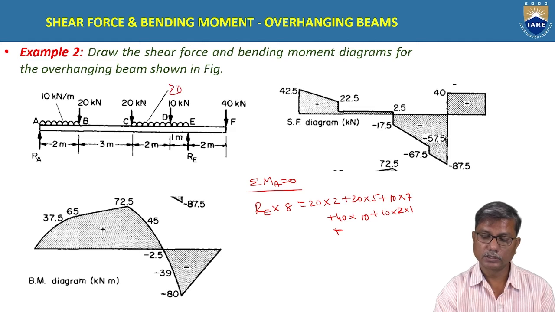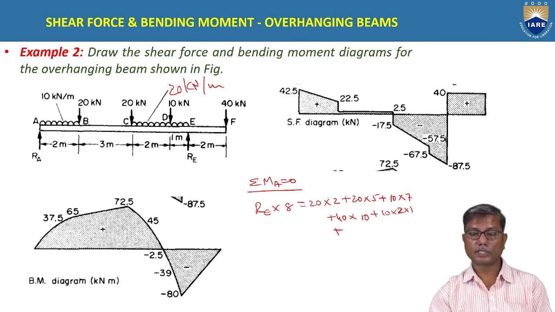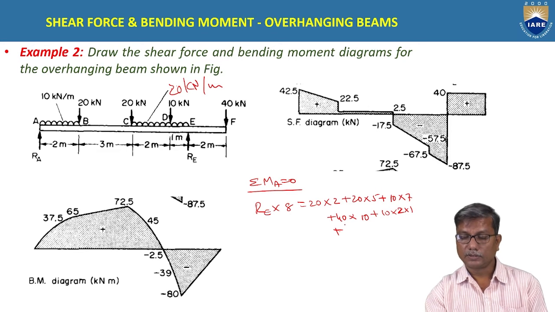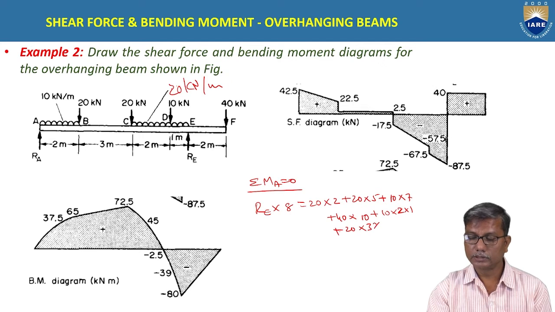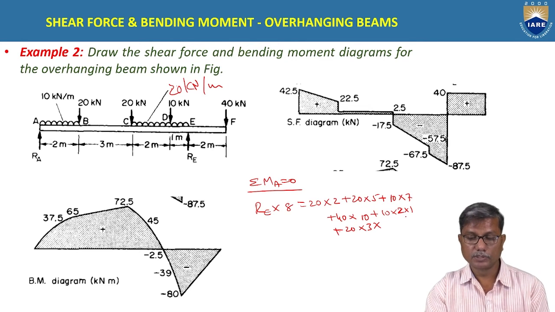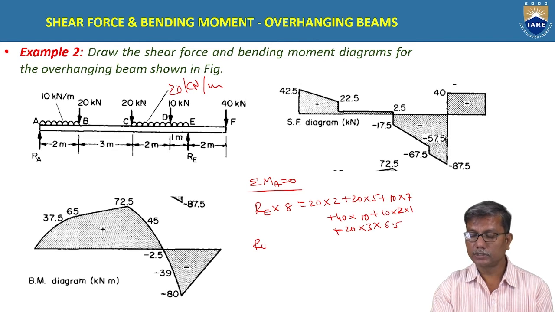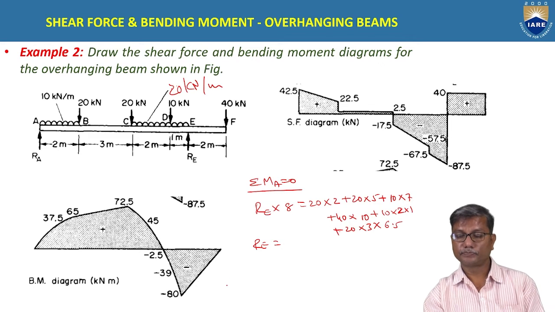Yeah, this intensity is 20 kilonewton per meter. So 20 into 3 into the distance of the centroid of the UDL from A, that is 5 plus 1.5, 6.5. Yeah, this gives the reaction RE.